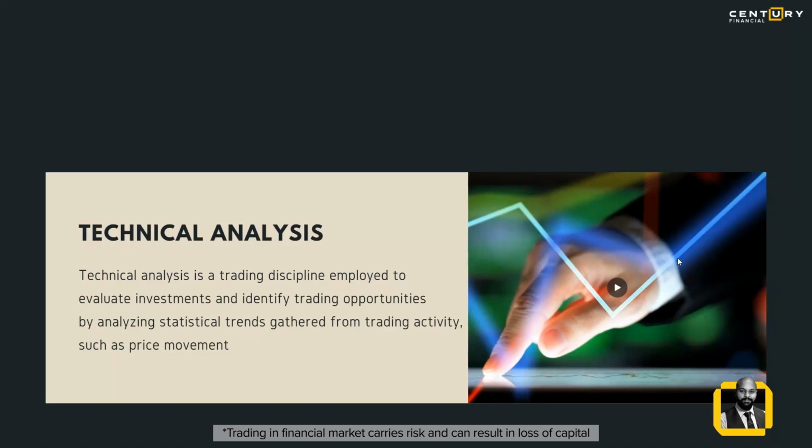Now let's take technical analysis. Technical analysis is basically an analysis that is done based on the price movement of the particular stock. Let's say for example, there's a stock that has been listed in the stock market for the last 10 to 15 years. So what a technical analyst does is looks at the historical behavior of that particular price movement.